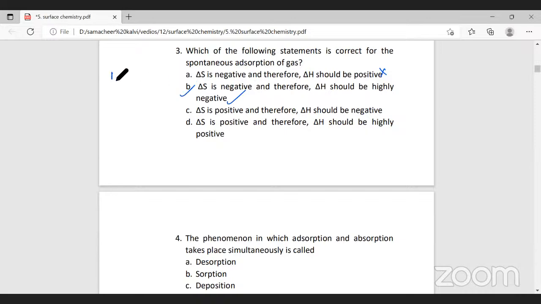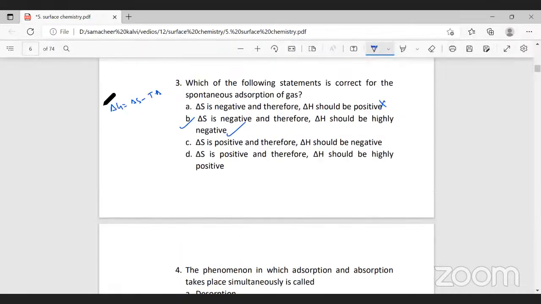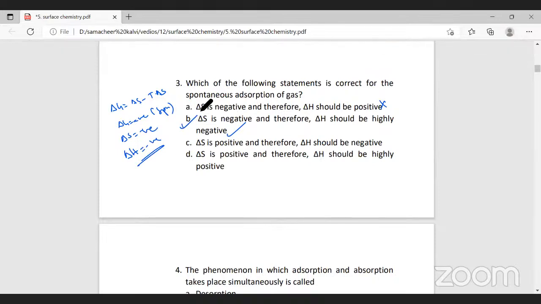I clearly told you, delta G is equal to delta H minus T into delta S. Now, if delta G is negative, then the process is called spontaneous. And I told you, in case of adsorption, delta S is also negative and delta H is also negative. Therefore, the answer for this question is option B.